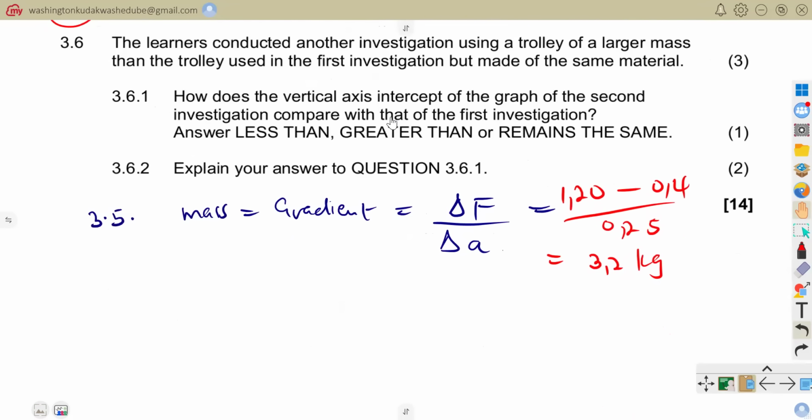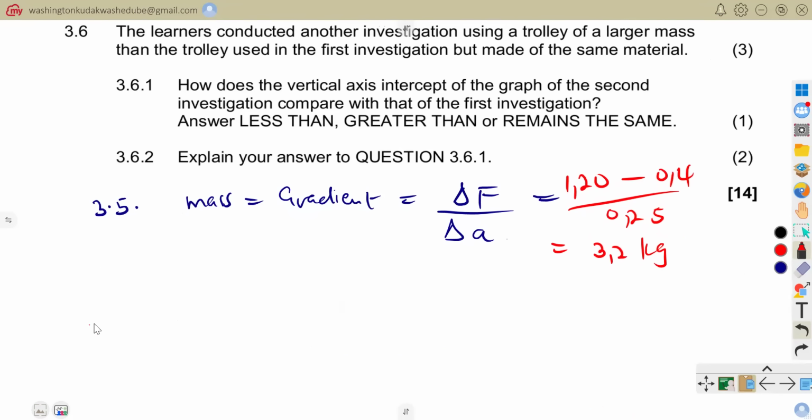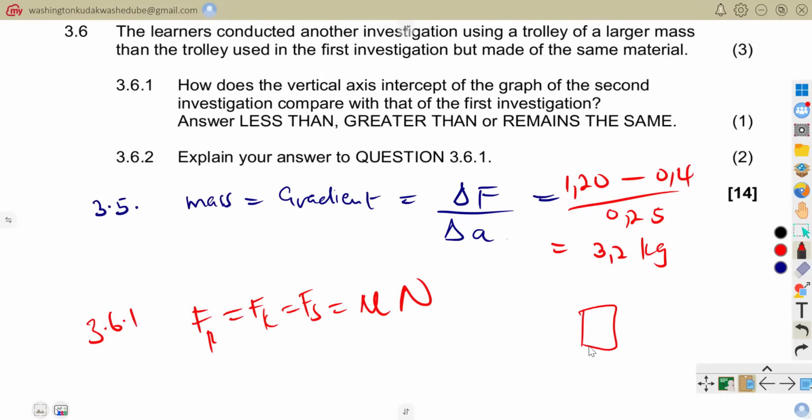Now let's look at how we calculate our frictional force. For 3.6.1, we know that frictional force, which can be Fr, Fk, or else Fs, is given by mu times the normal. The normal on my object that is traveling this side is balanced by the weight of this object. They are saying that the learners conducted another investigation using a trolley of a larger mass, so the mass of this trolley is now greater.